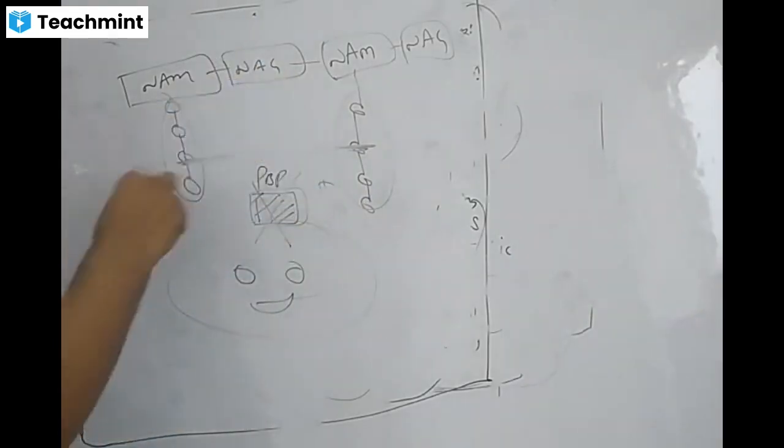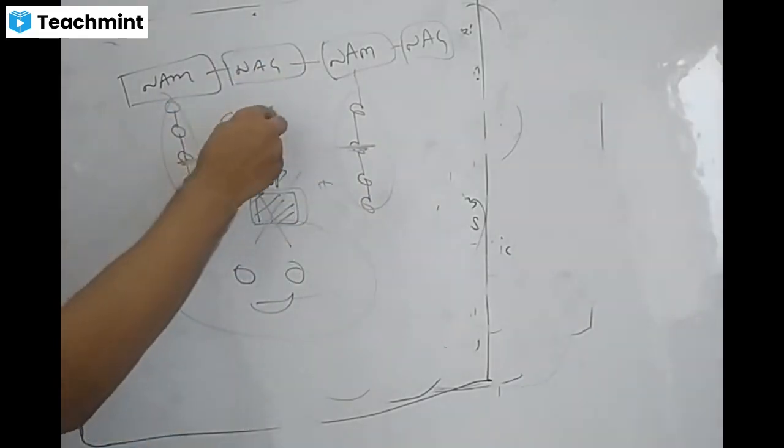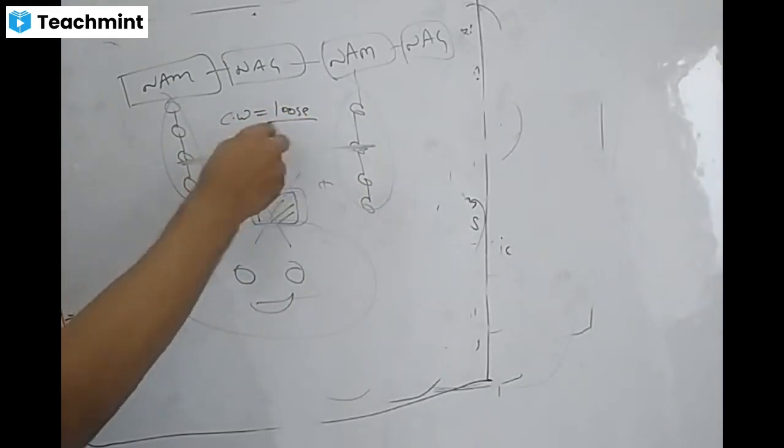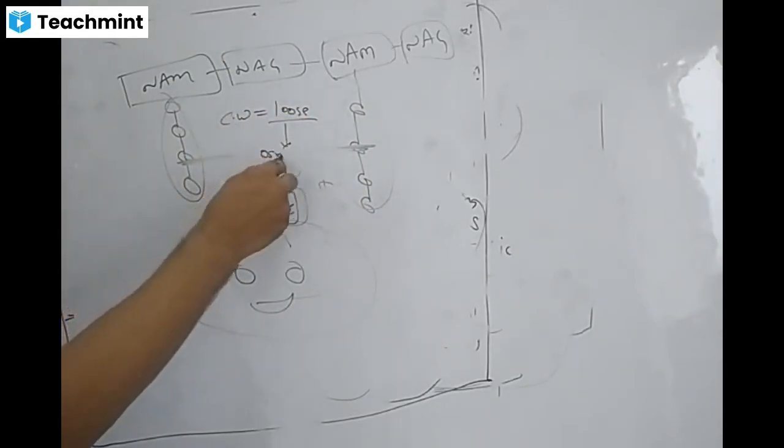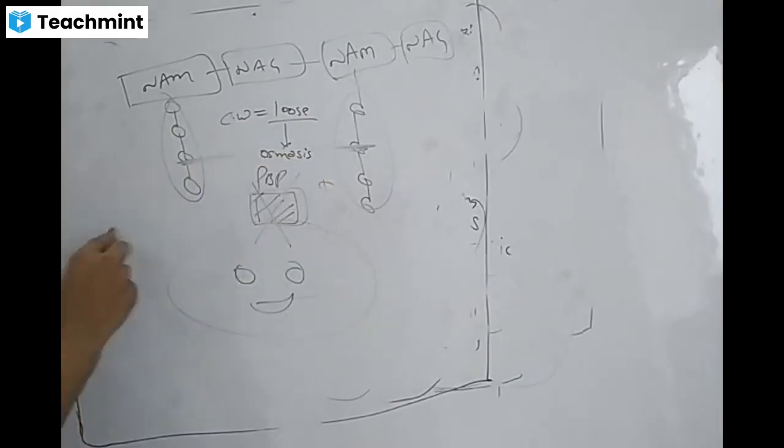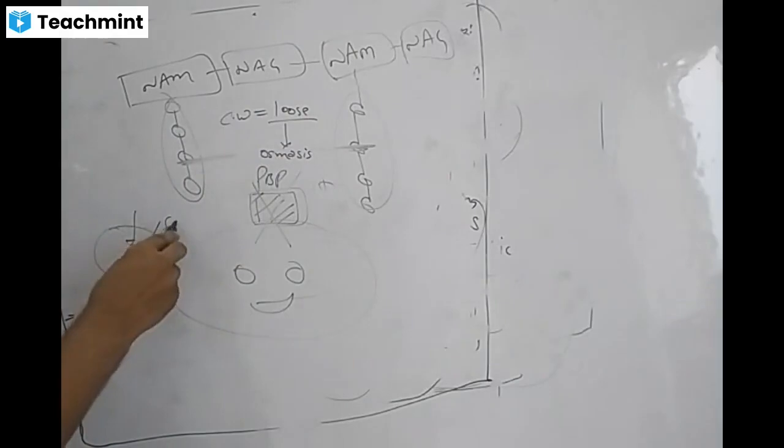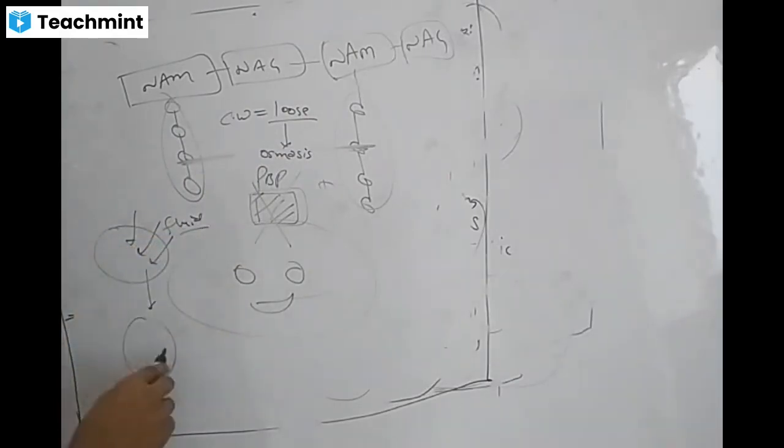Because of this, the cell wall becomes loose, and because of osmosis, it keeps on accumulating fluid, and that may burst the bacteria. This is called osmotic burst, where the bacteria dies because of osmosis.